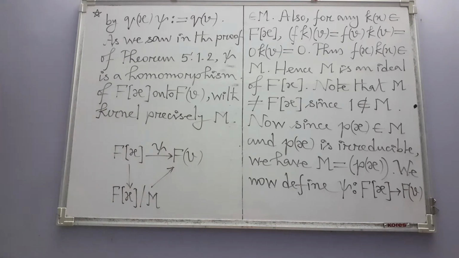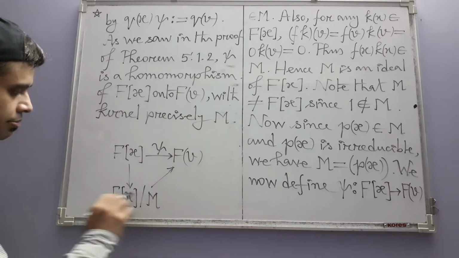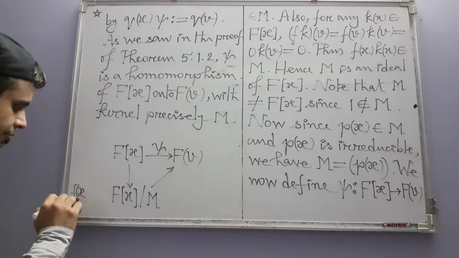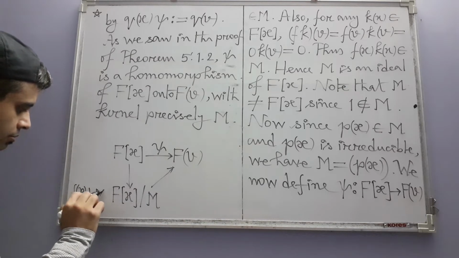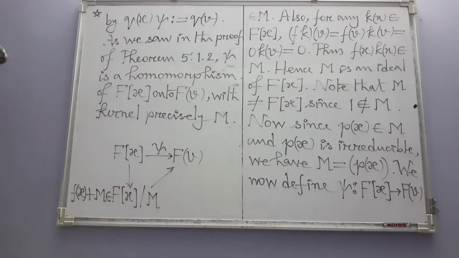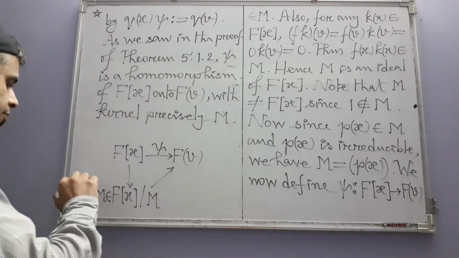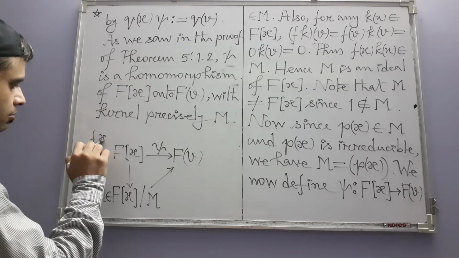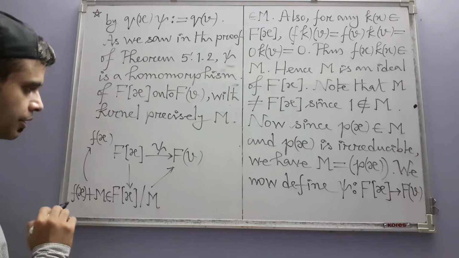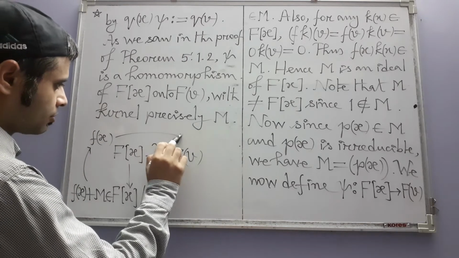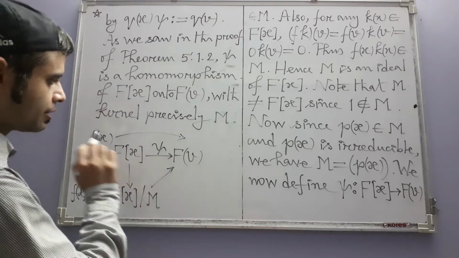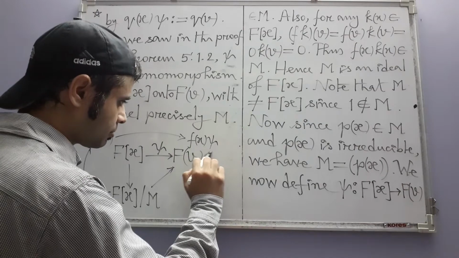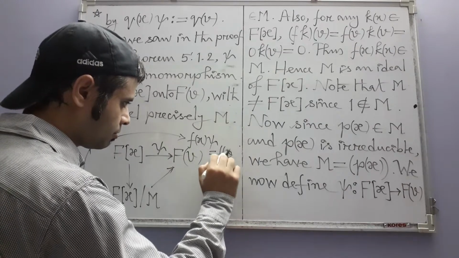You consider any element here, which looks like f(x) plus M. From this element you go to f(x), and then from f(x) you go to its image under psi, that is f(v).